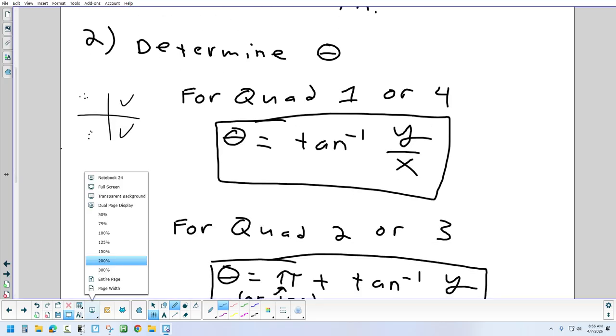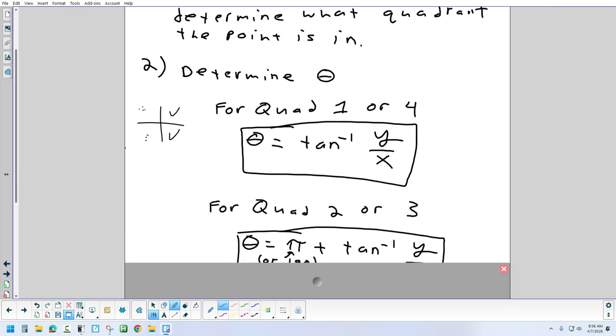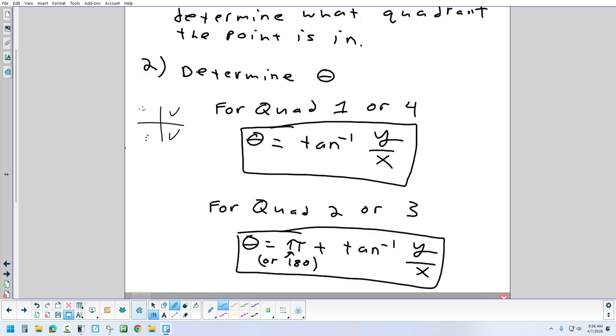If you're in quadrants 2 or 3, you're still going to use inverse tangent y over x, but if you're in the upper left or the lower left, you have to add 180 to it. You only have to add 180 if what you're trying to convert is in quadrants 2 or 3.